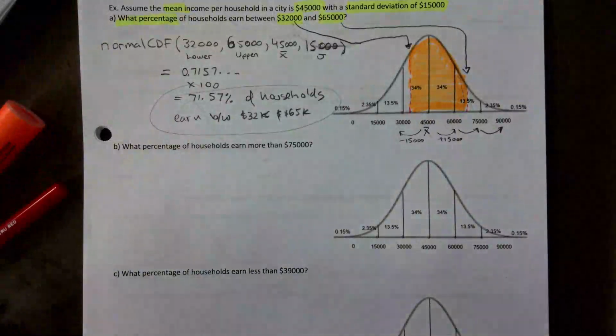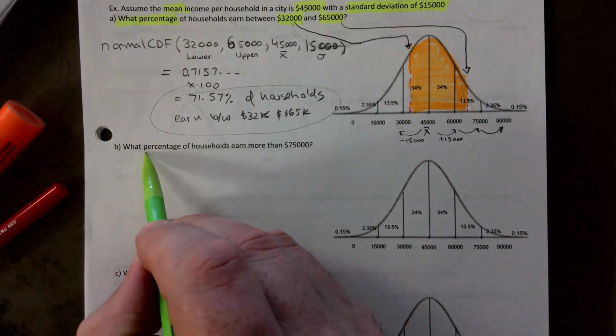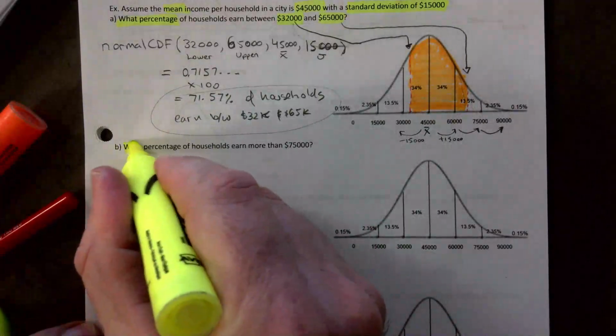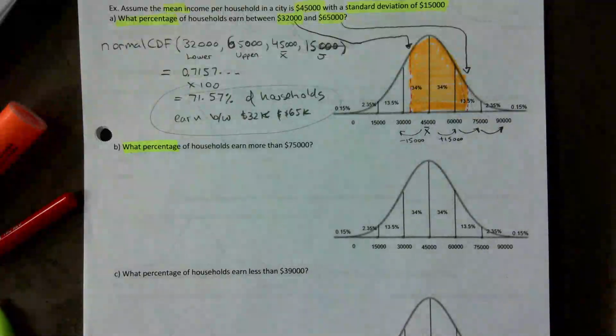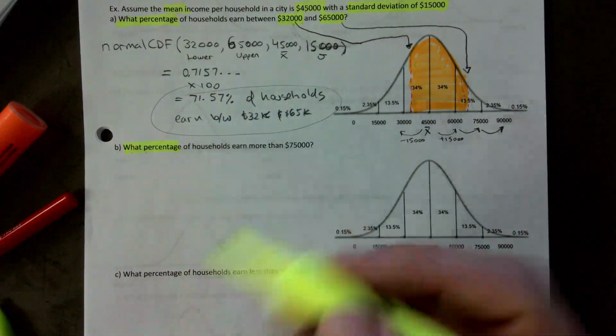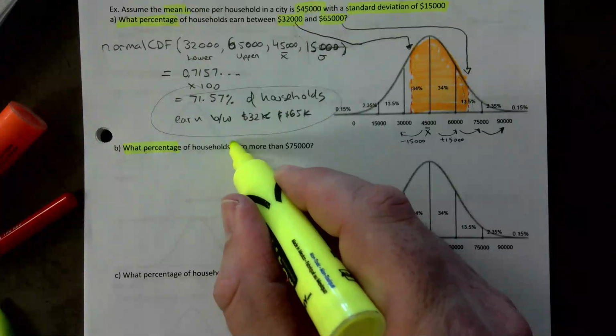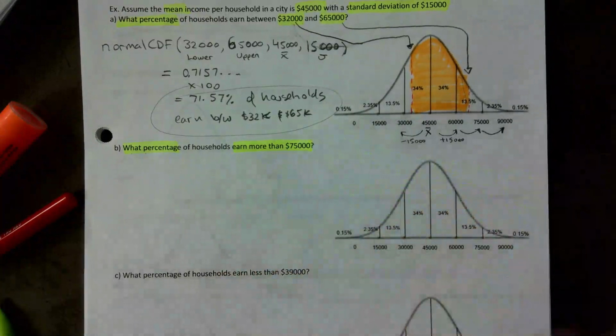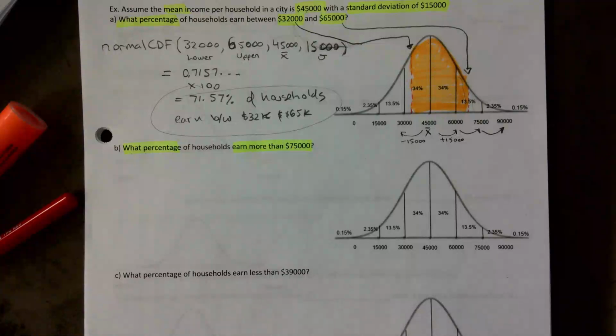What about this one? What percentage? So when you see the percentage, you know it's going to be inverse norm, if you're using your calculator, that is. What percentage of households earn more than 75,000? Whoa, there's no upper or lower, is there?